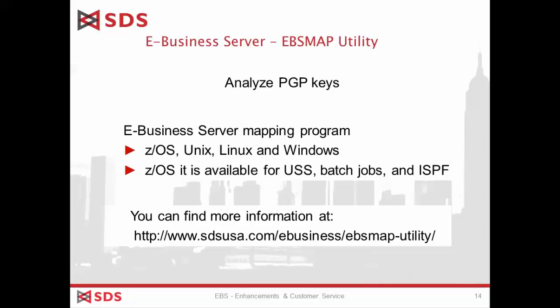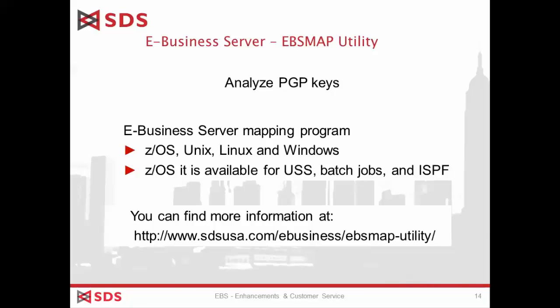Just a quick note about our new batch mapping utility before I hand it to Tom. The EBSMAP is a utility that can parse and display information about PGP keys and encrypted files. It can provide information such as key type, key length, signature information, expiration date, preferred cipher, preferred hash, and so on.